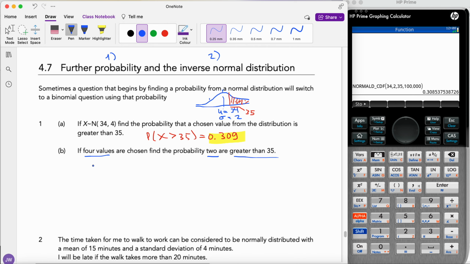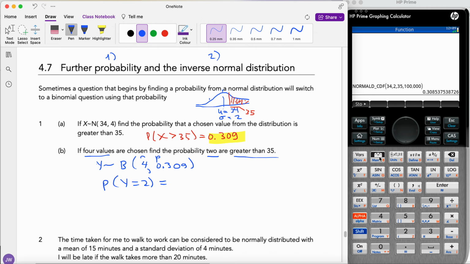So this is binomial, because you're going to pick a number, and either it's going to be greater or not. So the Y is now binomially distributed. Remember, it's always NP. So now you're doing 4 trials, and with that probability. So this is tricky. And what we need is the probability that it equals exactly 2.